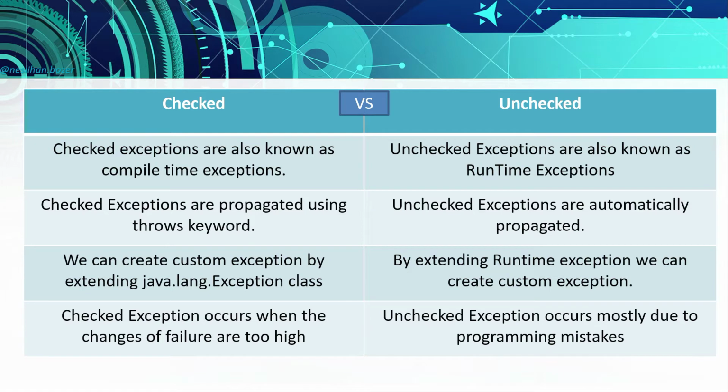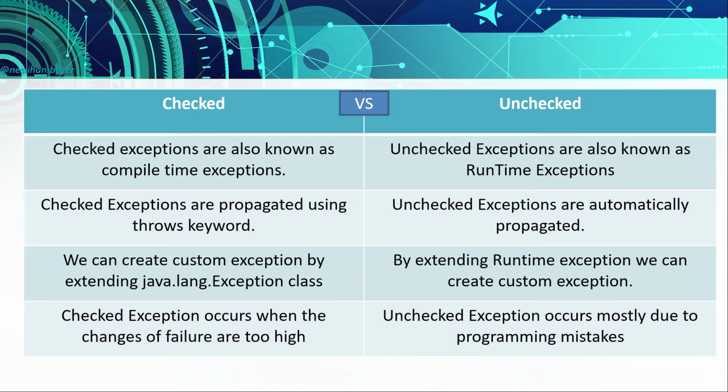Checked exceptions are known as compile time exceptions, whereas unchecked exceptions are also known as runtime exceptions. Checked exceptions are propagated using the throws clause, whereas unchecked ones are propagated automatically. We can create checked custom exceptions by extending the java.lang.Exception class, whereas to create an unchecked custom exception we need to extend RuntimeException.